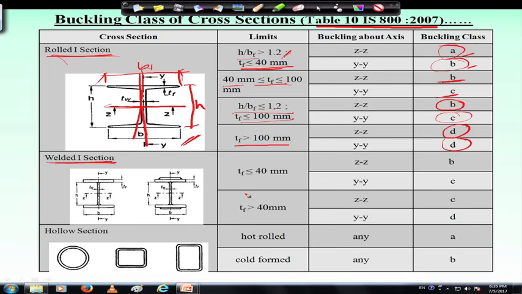In case of welded I section, if T f is less than or equal to 40, then buckling class will be B about z z axis and C about y y axis, and if T f is greater than or equal to 40, this will be C and about y y will be D. Similarly, for hollow section, for hot rolled about any axis it will be A, and for cold formed section it will be B.